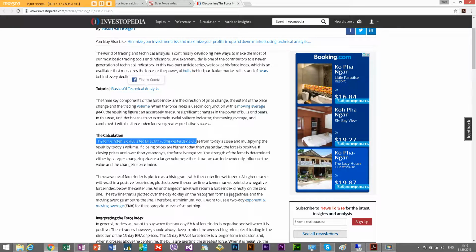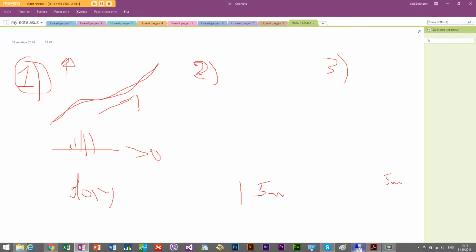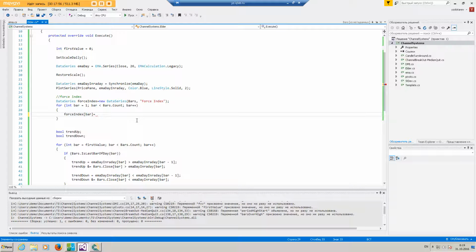Let's remind me. Subtract yesterday's close from today's close and multiply by today's volume. Yesterday's close, so bars close bar minus 1, subtracted from today's close. So bars close bar minus bars close bar minus 1, and we multiply that by the current bar volume, right?